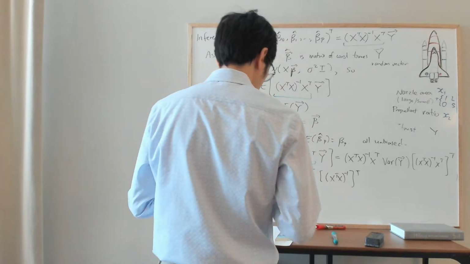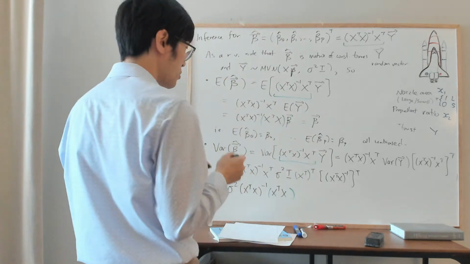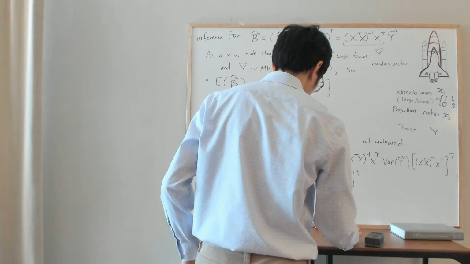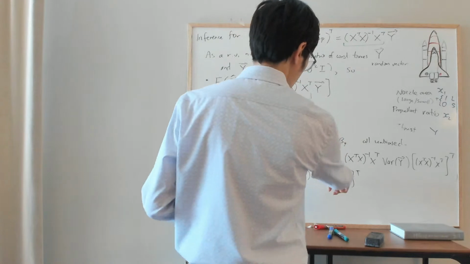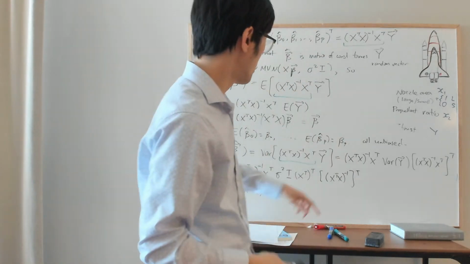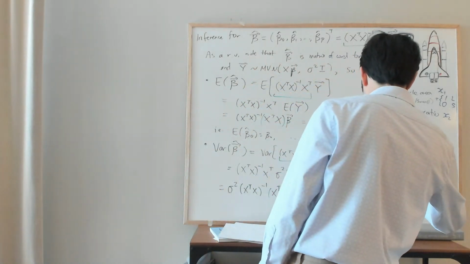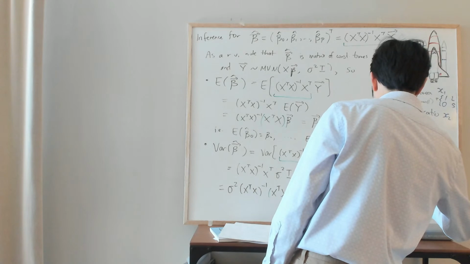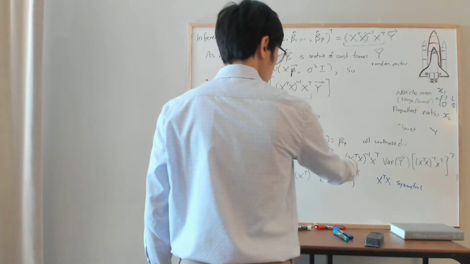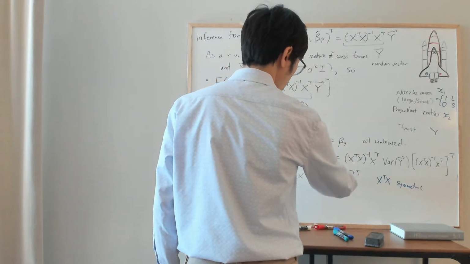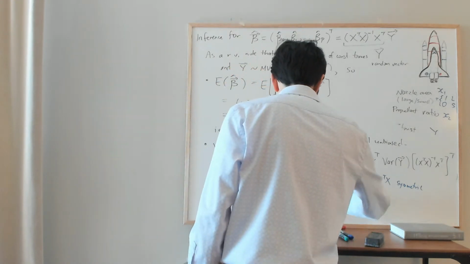We put a bracket here again, so then we cancel off the x transpose x inverse. Finally, we notice that x transpose x is by construction symmetric, so the transpose of it is the same thing, and we just need x transpose x inverse.